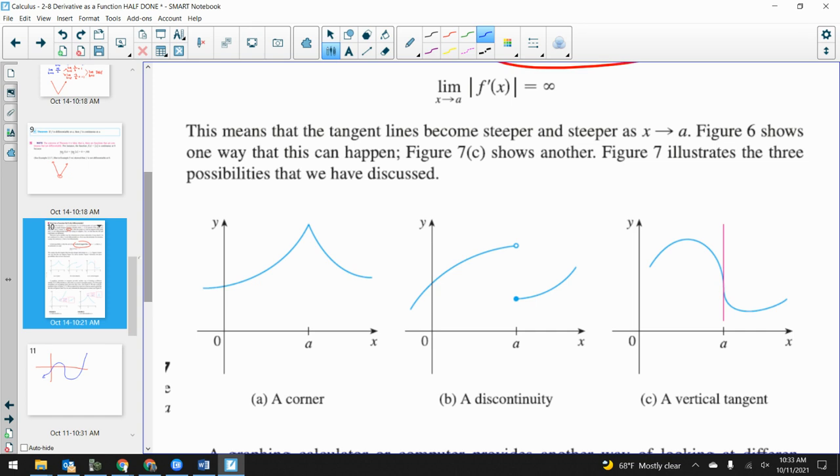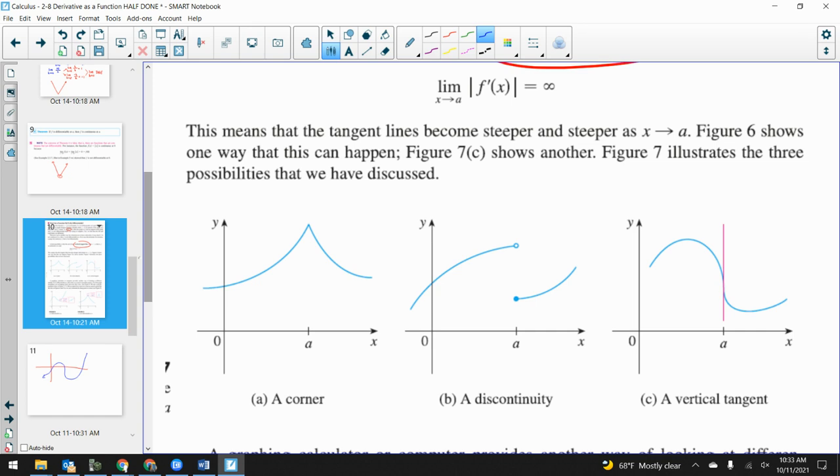Okay, back to calculus. So the 3 times when something would be not differentiable would be a corner point, a discontinuity, or a vertical tangent. Is this the only type of discontinuity?